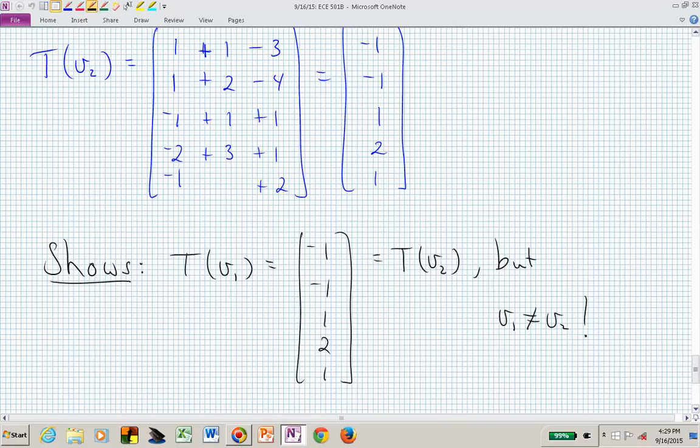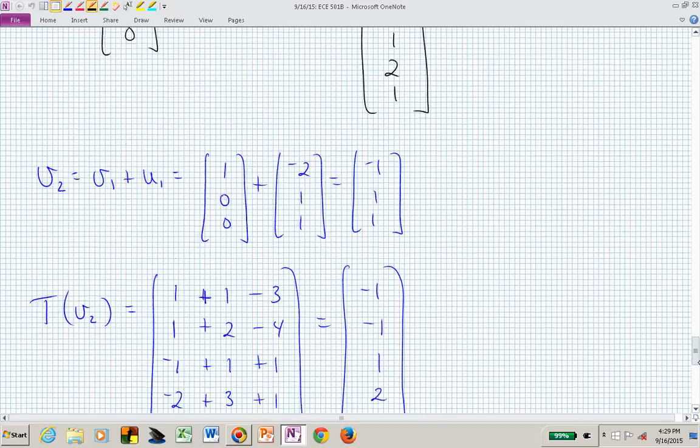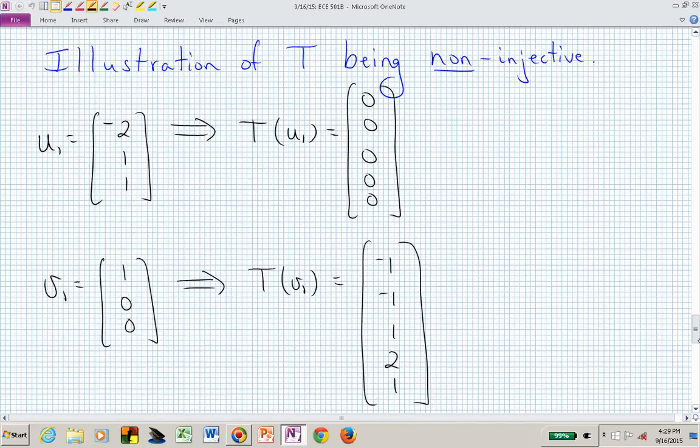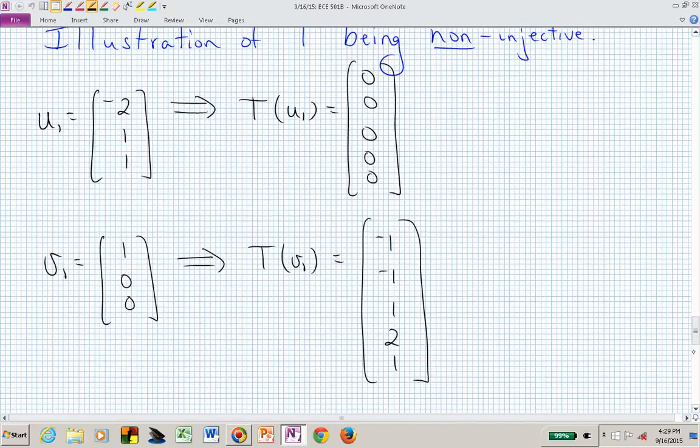Question. So the question is, how do we come up with those vectors? You will start learning how to generate these results.